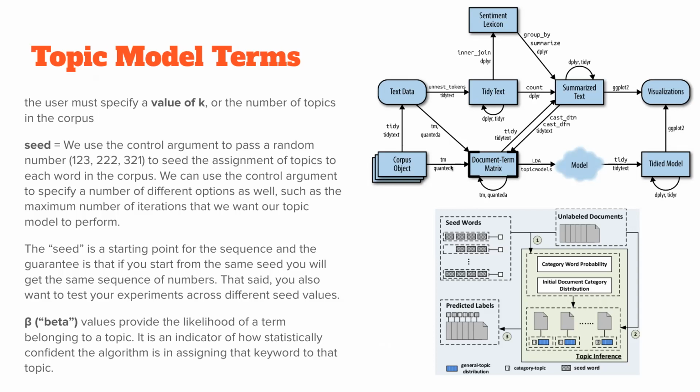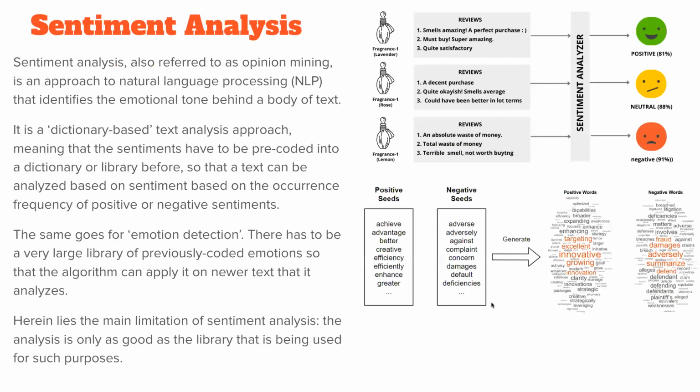So depending on whether I'm trying to build an algorithmic model in order to find topics, or whether I'm trying to do sentiment analysis or text summary or visualizations, I follow different protocols and different packages in order to be able to accomplish that task.